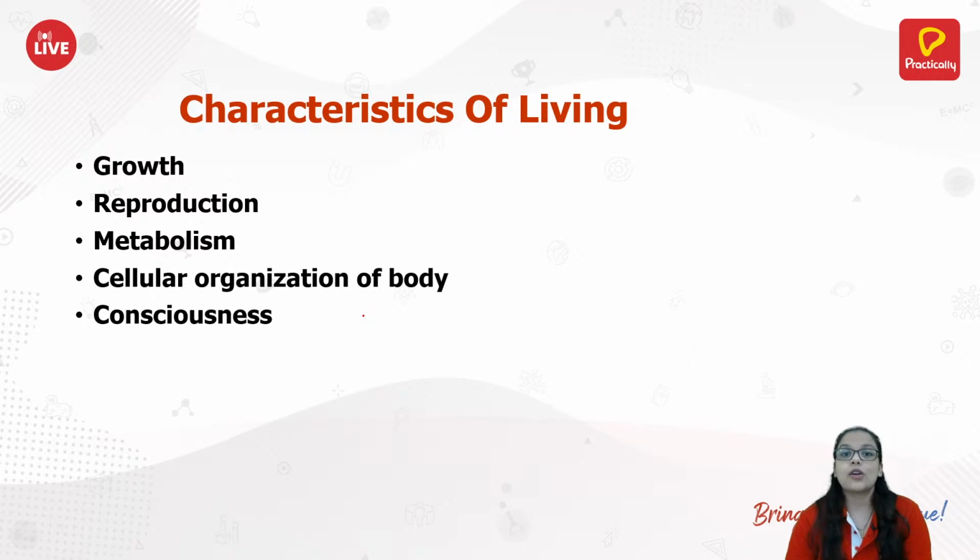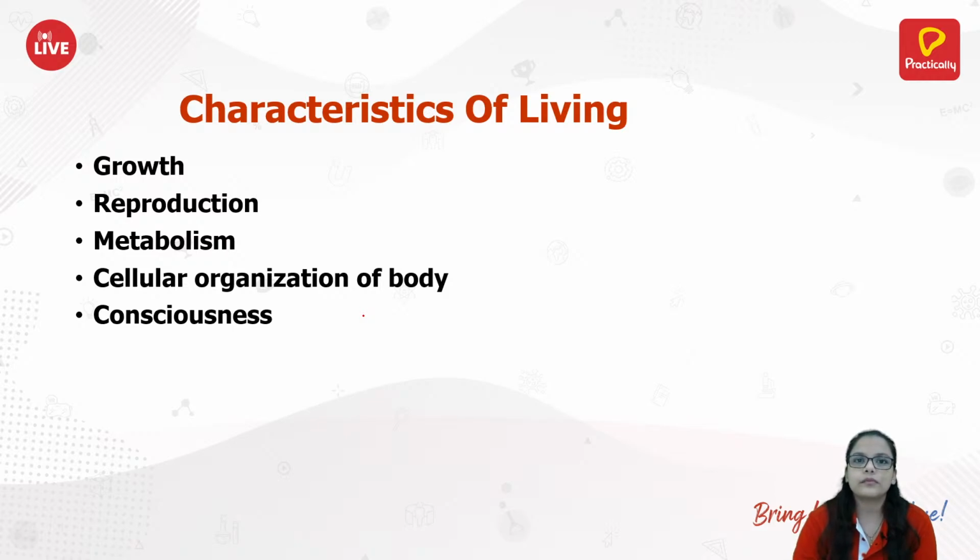Now, characteristics of living. Actually, there are a lot of characteristics. When it comes to living organisms, you can find a lot of characteristics. So a few of them are growth, reproduction, metabolism, cellular organization, consciousness. But please remember that these are not all of them.